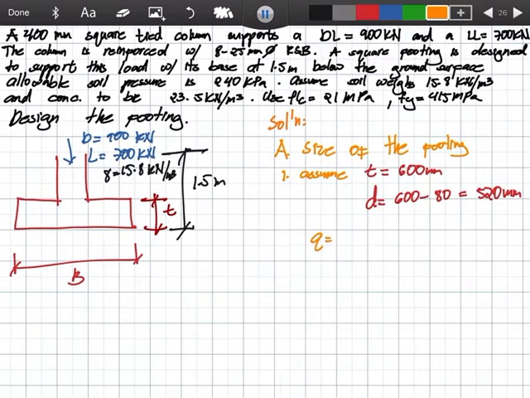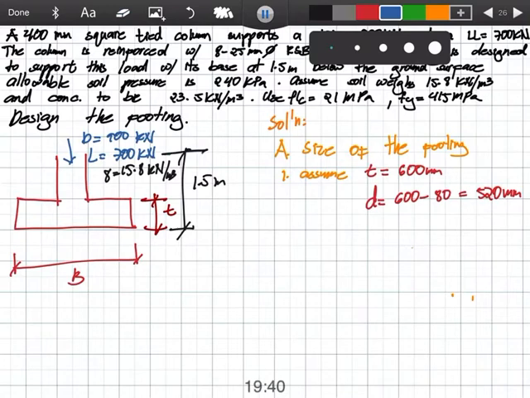So, ang effective soil pressure, class, Q, that is your Q allowable minus yung Q natin na effective stress. So, ang Q allowable natin is, yung sinabi? Given 240 minus, yung Q natin?